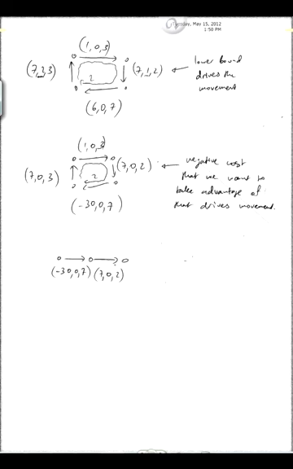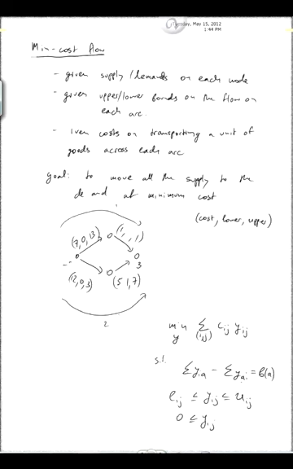And the reason is because we have to satisfy the node balance constraints. So what I mean by the node balance constraints are exactly these constraints right here that tell us how the number of trucks coming into a node have to be related to the number of trucks going out of the node.